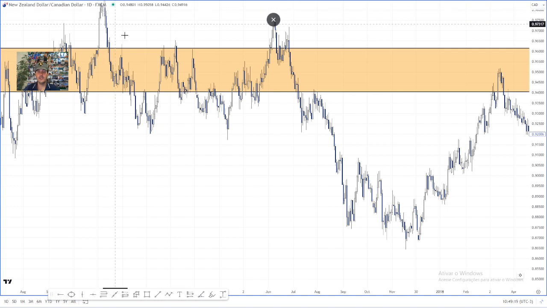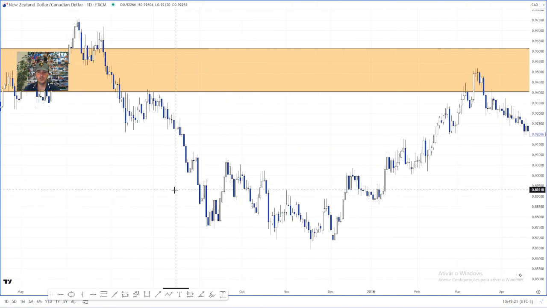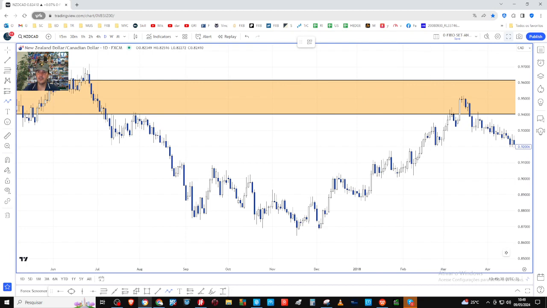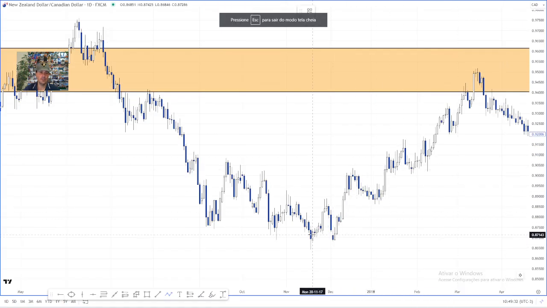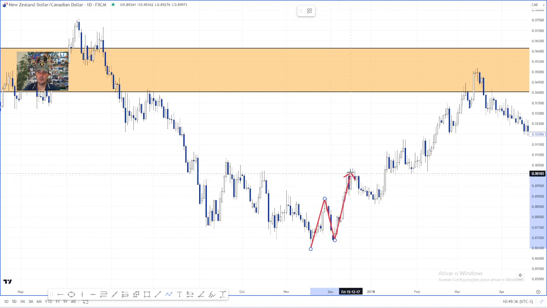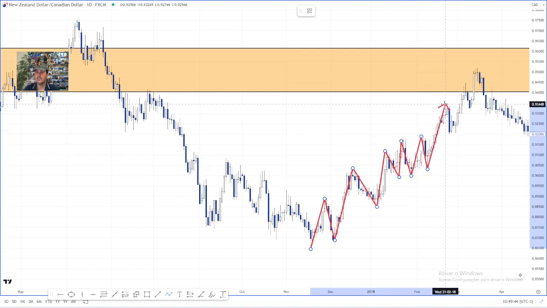This is the highest high, this is when everything starts, but just for the sake of simplicity, I'm going to get rid of the magnet and connect this low to this high to low. I'm connecting highs and lows, not all of them, just the relevant ones. And remember, the short-term trend is a sequence of highs and lows.